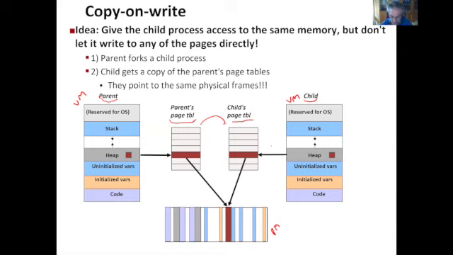Remember, as a result of this fork, I actually have not duplicated my physical memory usage. But as it is, it doesn't make sense, because in this case the child and parent can both screw up each other's memory space. If the child updates something, it will also be visible in the parent.